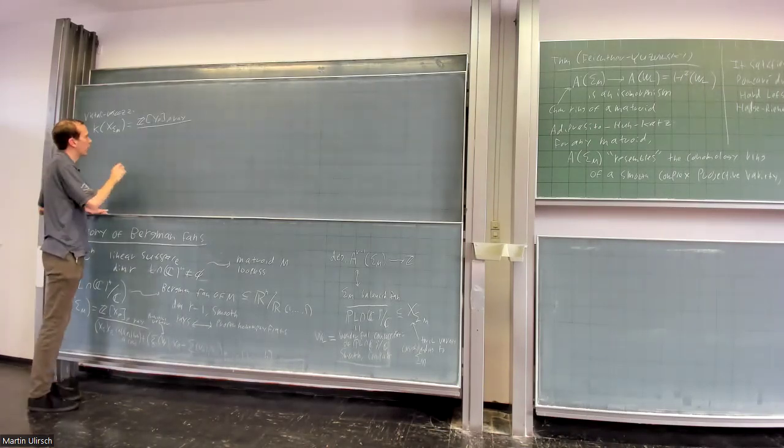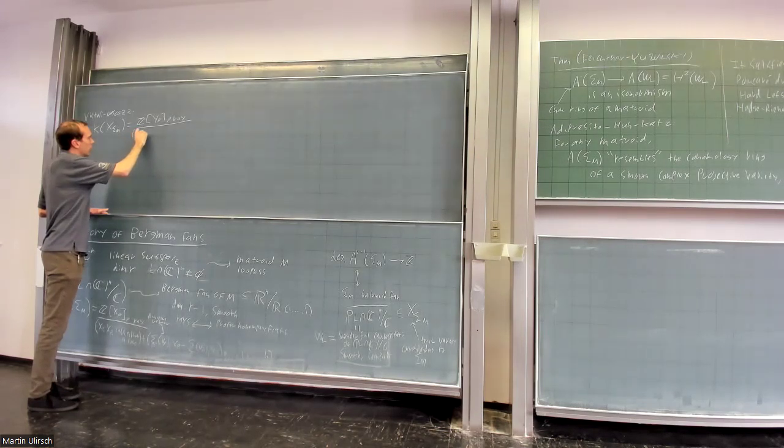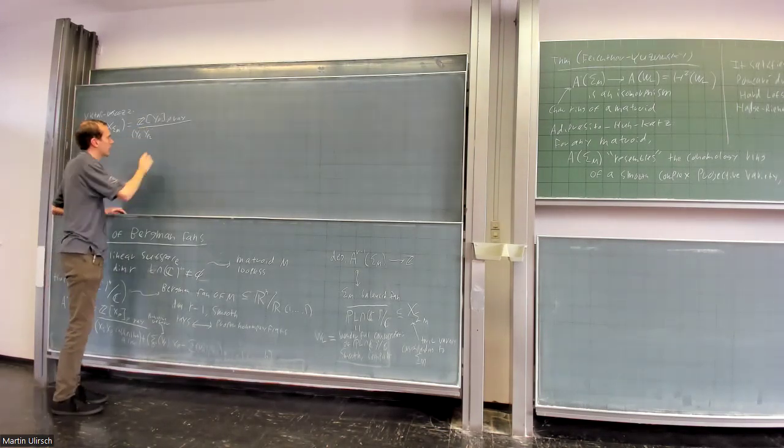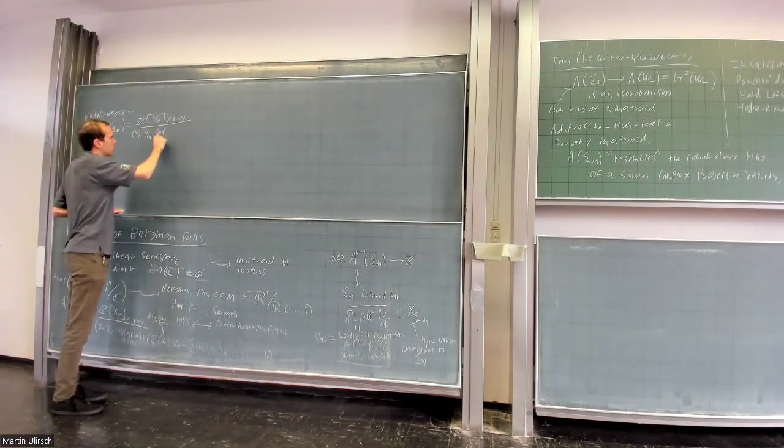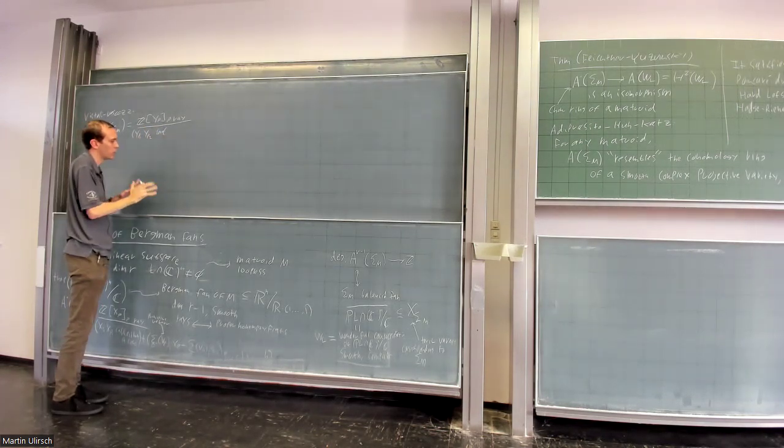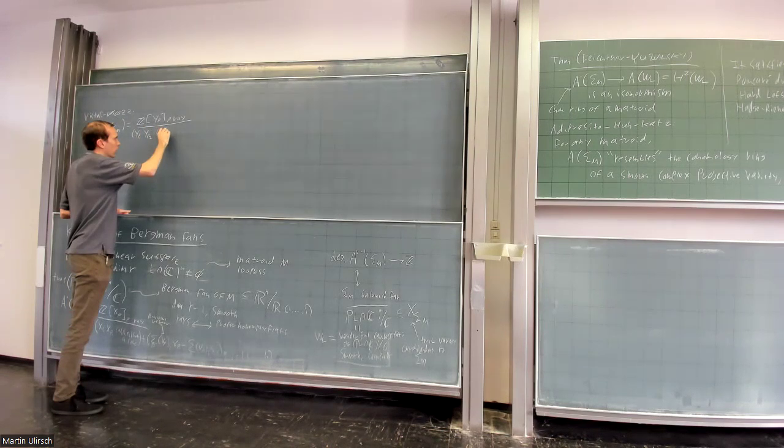And then there are, again, two types of relations. There's the monomial relations, which are exactly the same. So y rho 1 times y rho 2 is 0 if rho 1 and rho 2 don't form a cone.